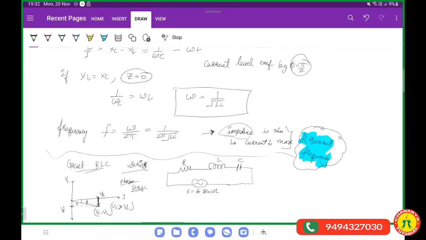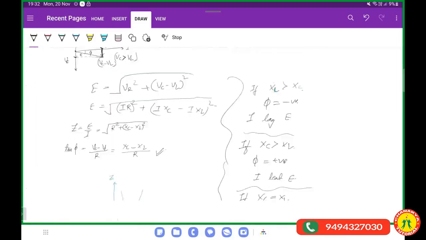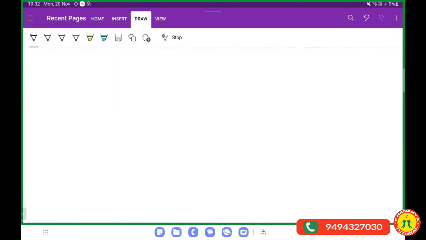So that was your LC circuit. Now we are combining it with oscillation also.